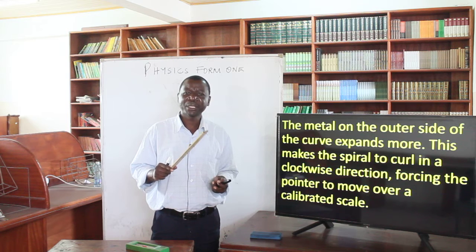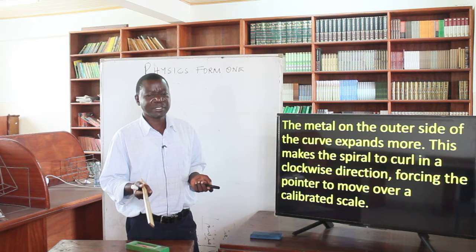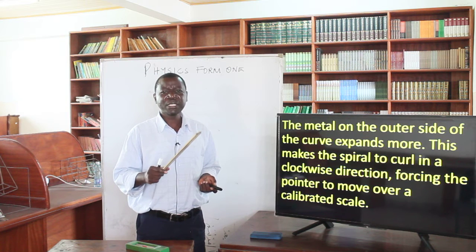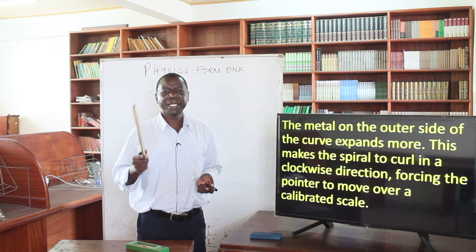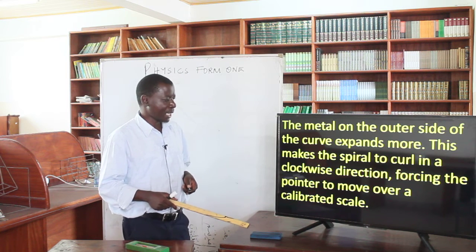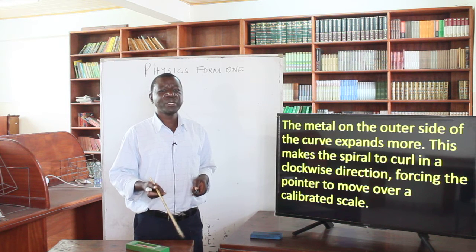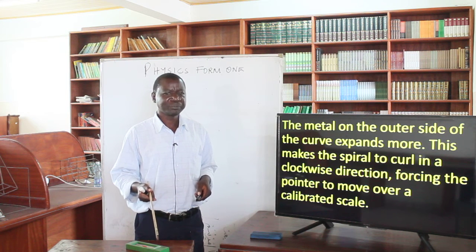A bimetallic thermometer is just a matter of metals expanding at different rates, and therefore you can easily get even very high temperatures inside an oven. So that is an advantage of a bimetallic thermometer over a liquid in glass thermometer.